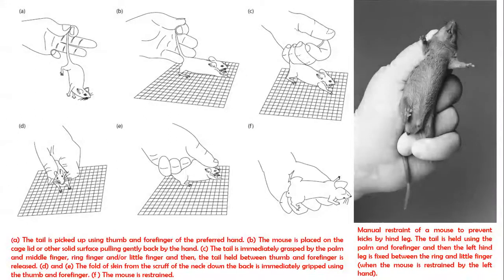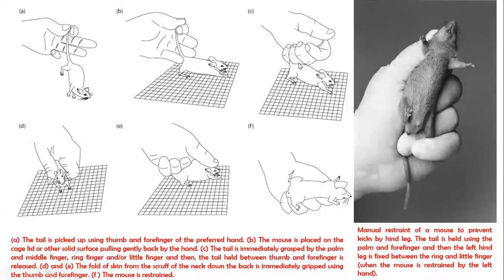Now see, the first one is the tail is picked up using the thumb and the forefinger of the preferred hand. Now see, here is the second one, or B: the mouse is placed on the cage lid or other solid surface, pulling gently back by the hand.